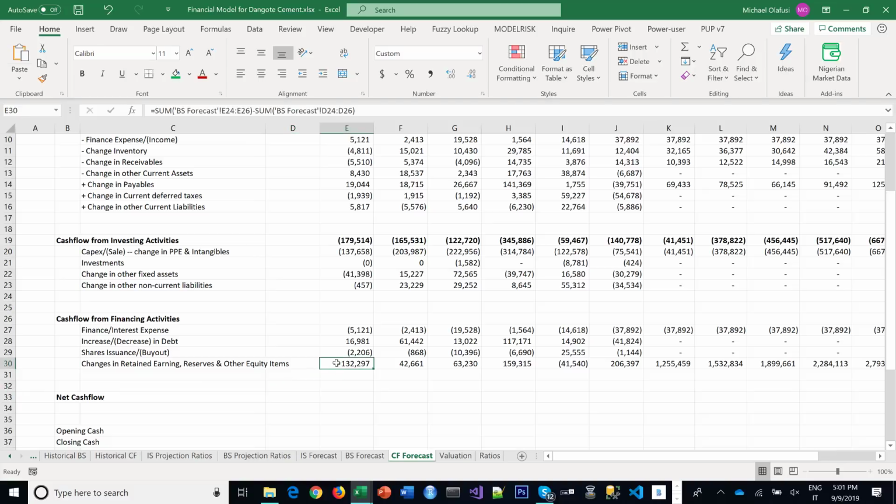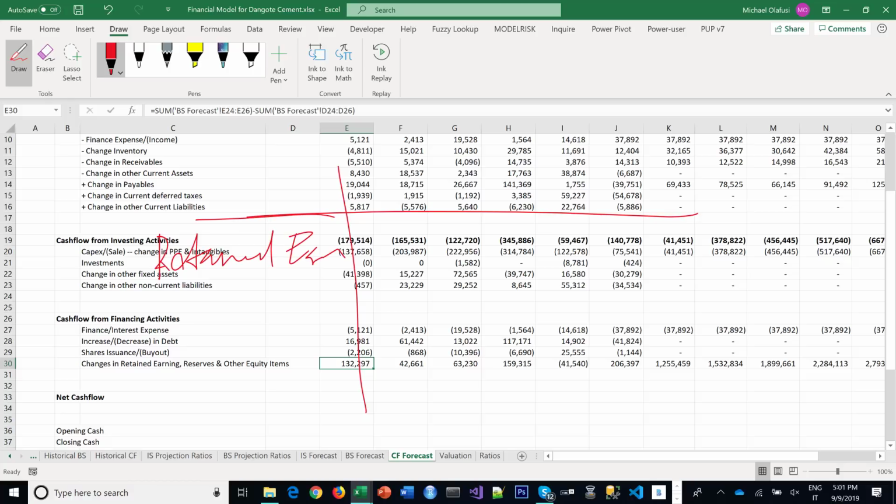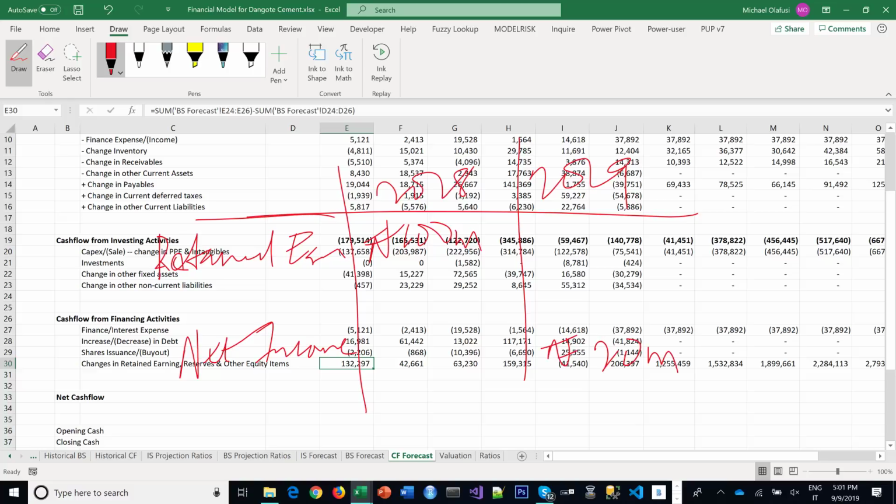So in a company, your retained earnings in 2018, if it's 100 million naira, then in 2019, if you make a profit, so net income, of 20 million naira, it gets added on your previous retained earnings.